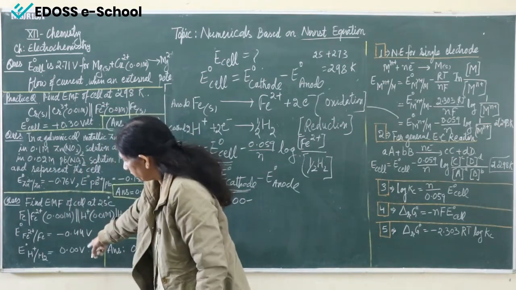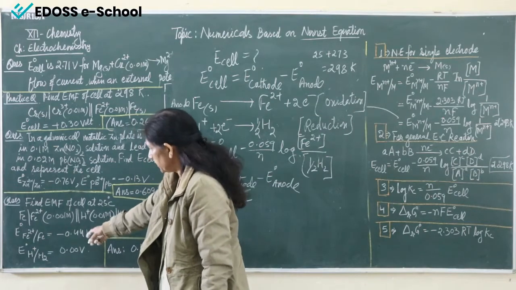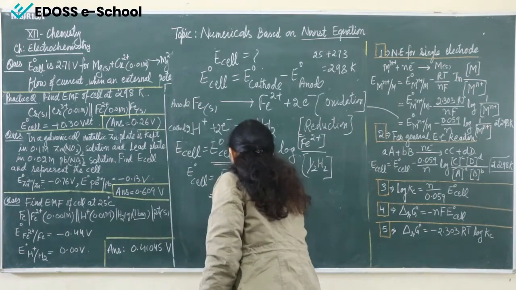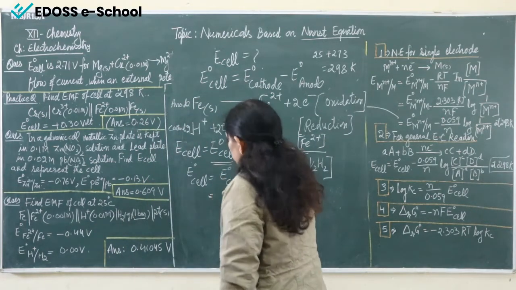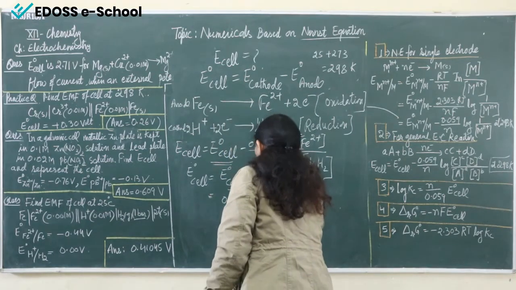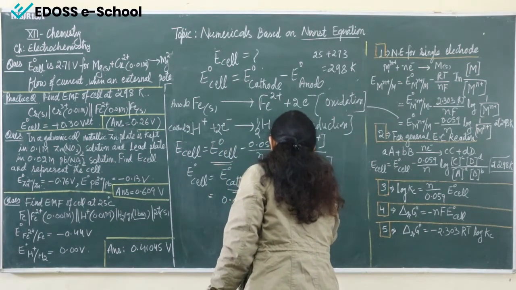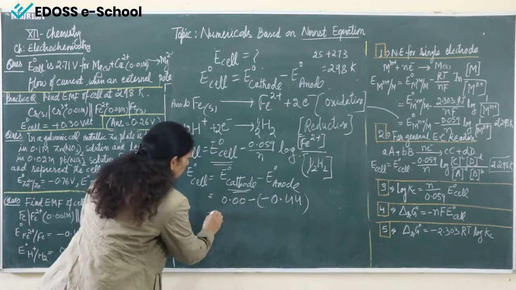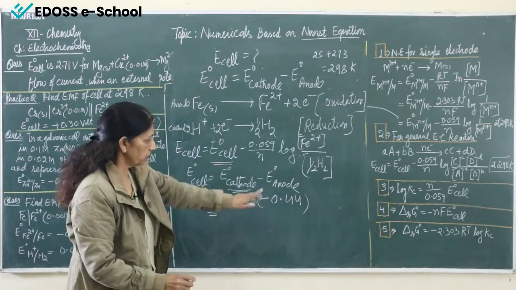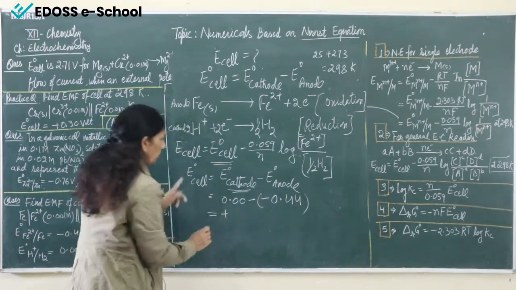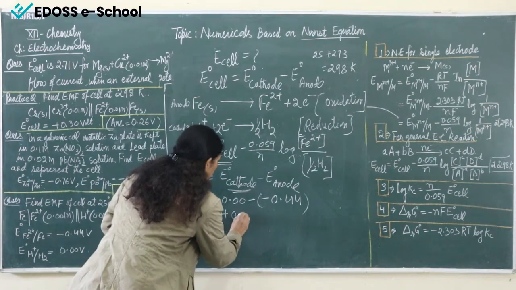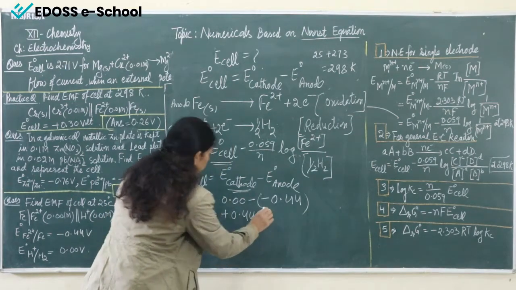Again in the same way we will put in bracket minus 0.44. So minus, minus will become plus, and E naught of the cell will be 0.44 volt.